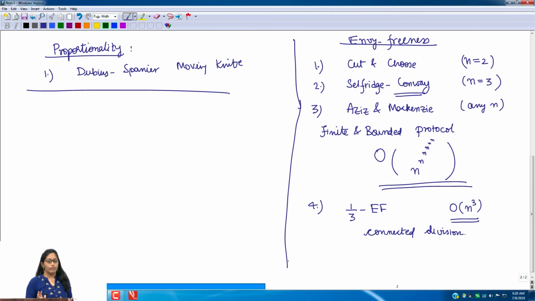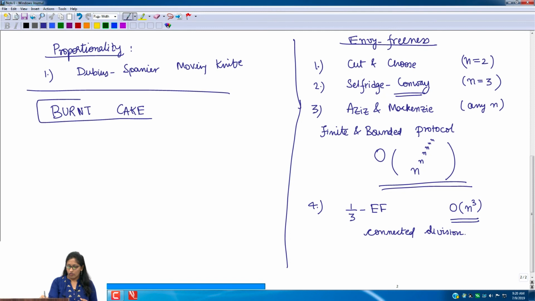What we'll be looking at today is, first of all, the case of burnt cake. I'll just mention what this model is, and we won't go into the algorithms or the proofs, but I want to tell you there's a model being studied.